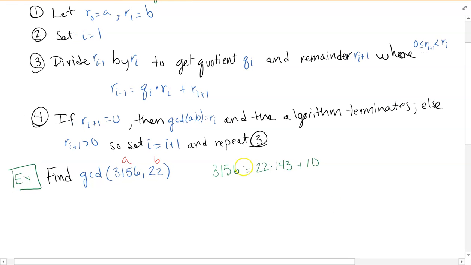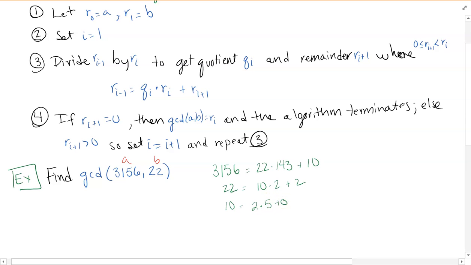So now I take 22, my old B, and I need to express it in terms of the new remainder that I found, R2. 22 equals 10 times 2 plus 2. Great, still don't have a remainder of 0, so I need to do it again. Now, writing 10 as 2 times a number, which is 5, plus 0.